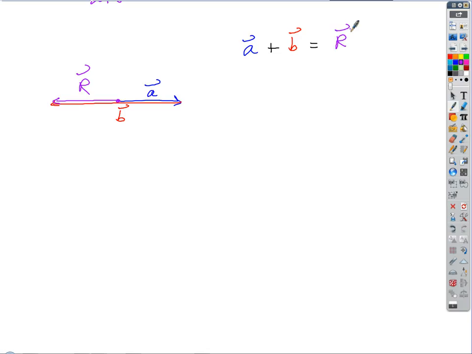Okay, so I should be able to do math with vectors like I do math with real numbers. I should be able to subtract things also, and I can. So would you agree that if I wanted to find out what the length of B is, for example, I could just subtract A from both sides, right? Everybody agree?